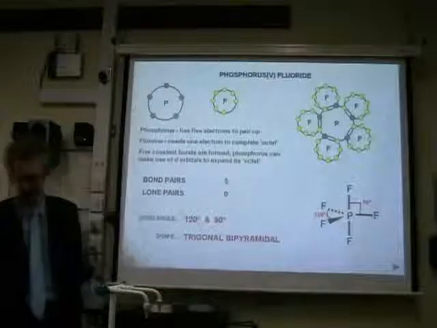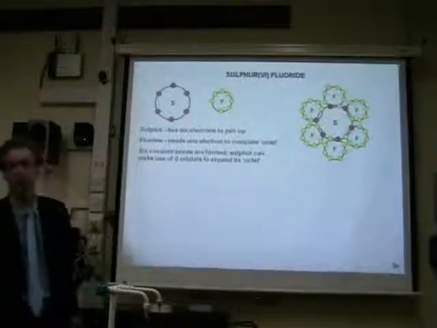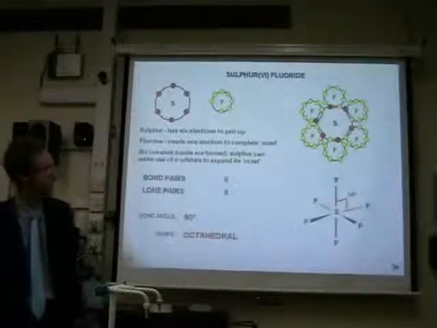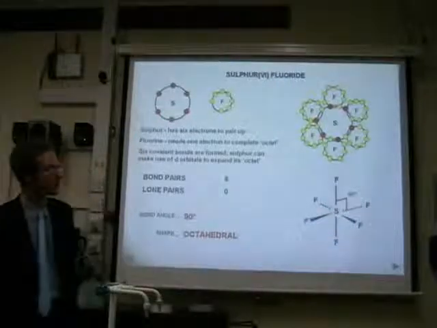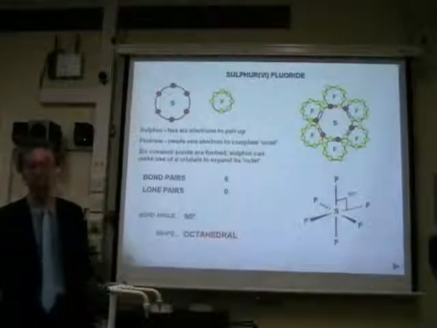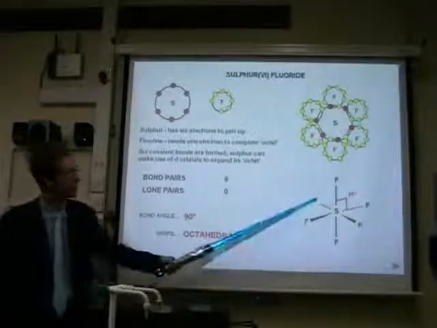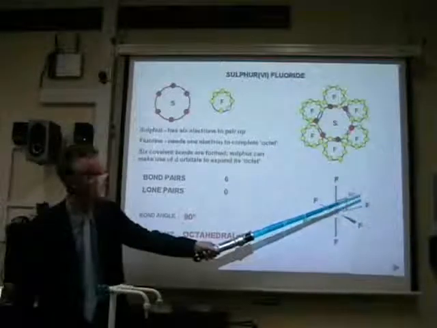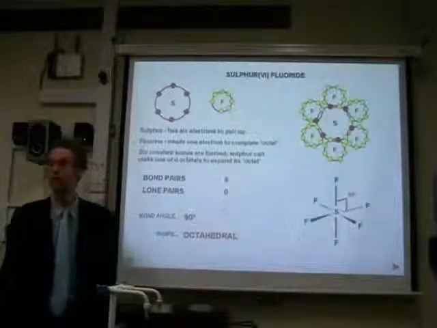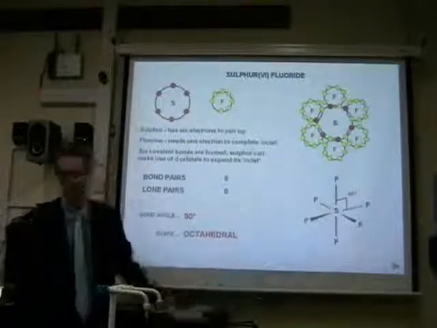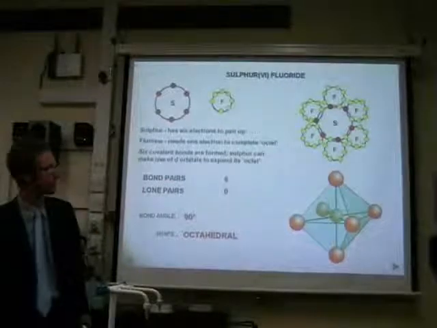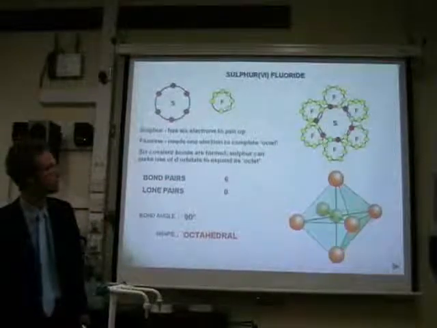Between those there, it's 120. Which moves us on to SF6. 6 pairs of electrons, 90 degrees between each of them. Octahedral. Oct means 8. And that's because if you consider those as the base of a pyramid going up to there, you've got 4 sides, and then another 4 sides of the pyramid going down to there. There you have your octahedral.